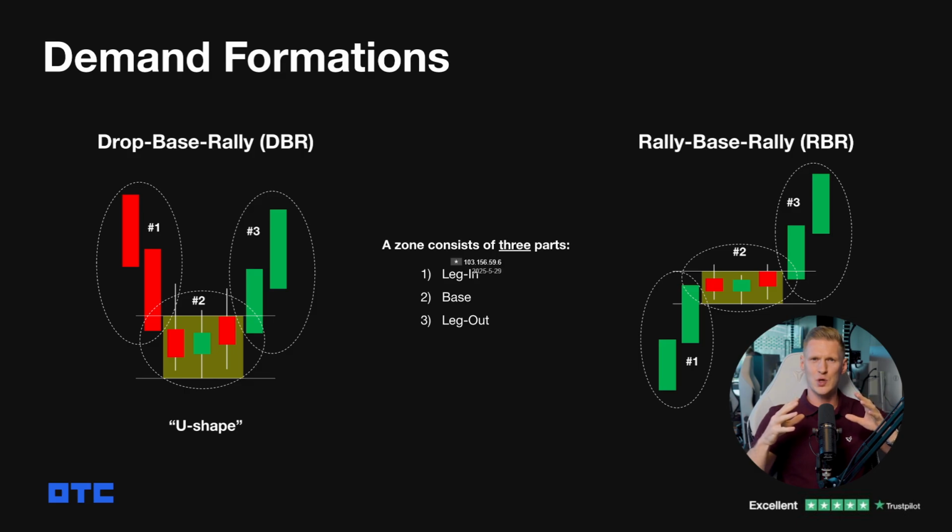The middle portion is the base, and the final rally is the leg out. The leg out is the most important part of the zone because it results from an imbalance in the market.